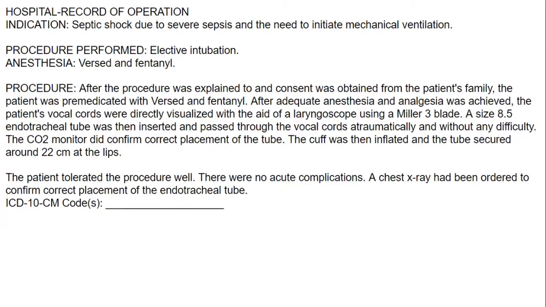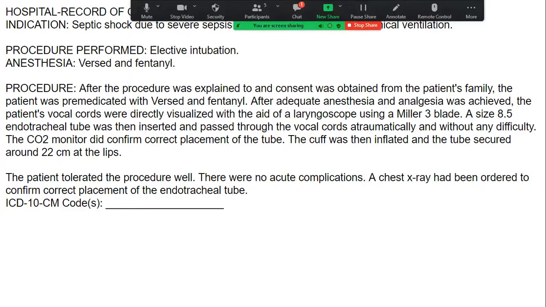So do we stop there? Can we just use A41.9 for our sepsis? No, we cannot. We have to go to septic shock due to severe sepsis to get our 2 codes. So I left y'all with the indications of how you need to code this.